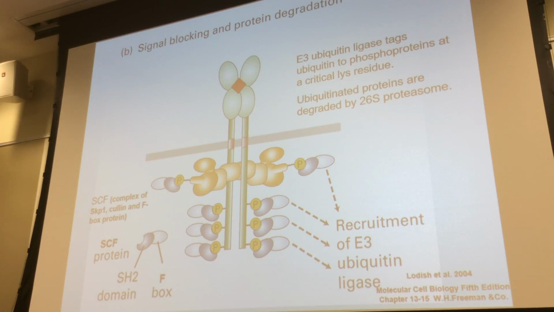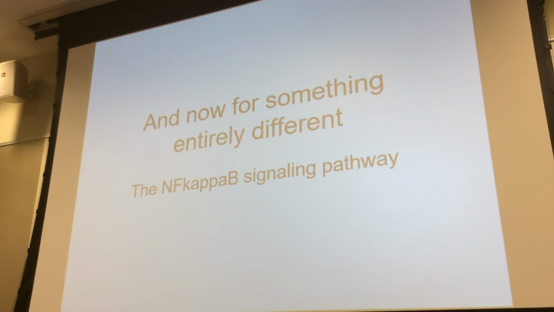The abbreviation is the SCF domain, and this makes this an SCF protein. So that is going to allow this to recruit the ubiquitin ligase, and that's going to put the ubiquitins on these proteins.